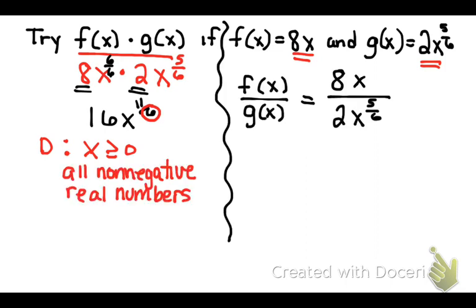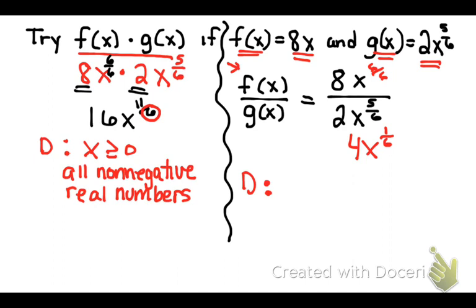In this next example, we're going to use our same f of x and g of x, but we are dividing, and I started it. So 8x, and again, I'm going to put 6 over 6, but now we end up subtracting the exponents, so it's x to the 1/6, and then 8 divided by 2 is 4. Again, we need to consider our domain.